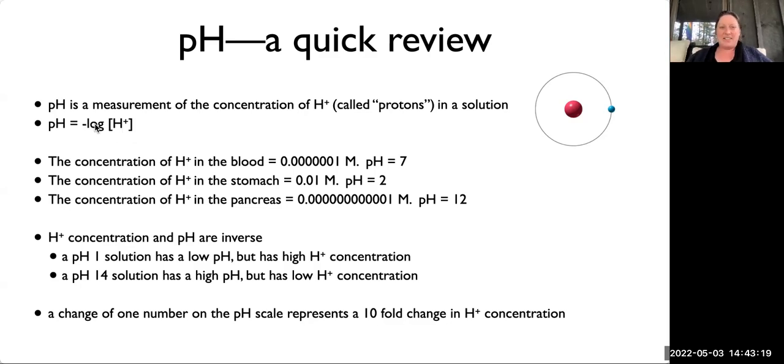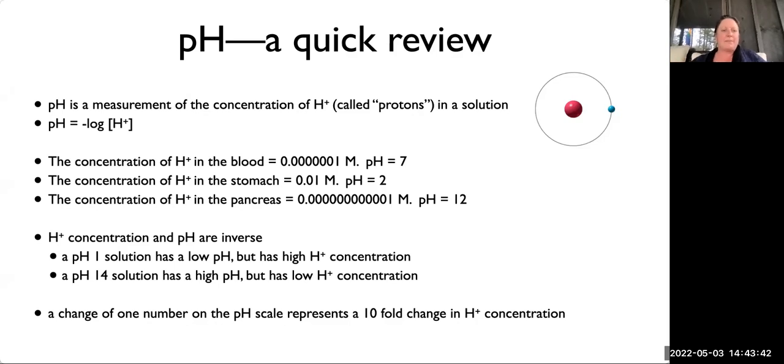This negative log thing, though, probably made your anxiety spike a little bit, because who even understands what logarithms are? It's just a button on the calculator. But here's the thing, a logarithm is not incredibly complicated. It really just compresses or condenses the concentrations into a number scale that is manageable for humans.